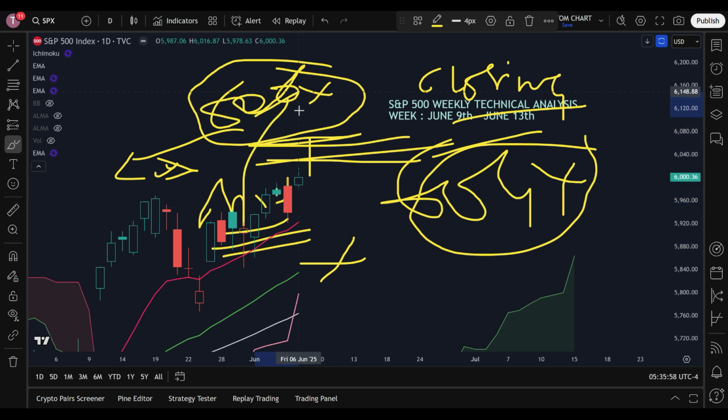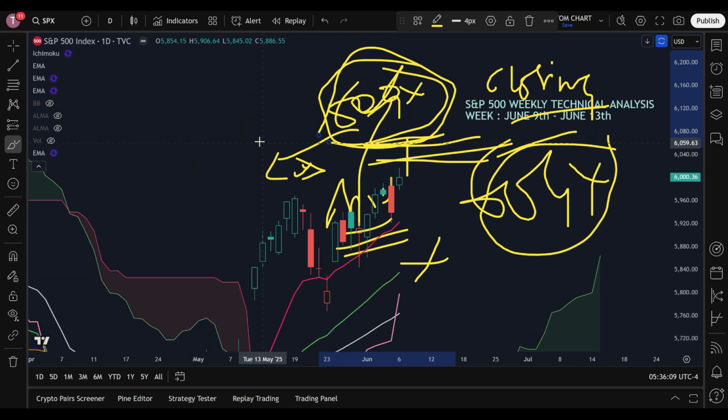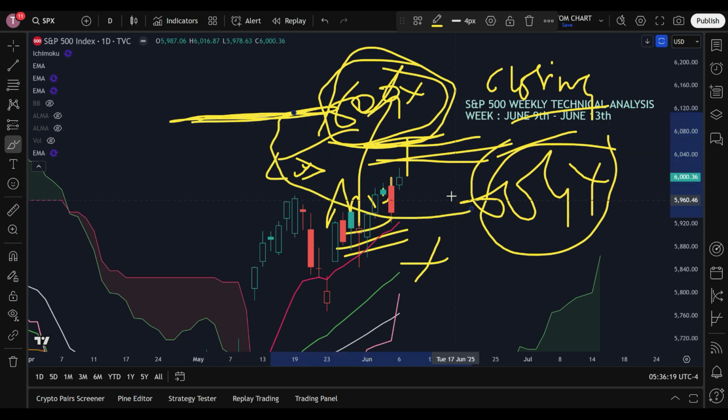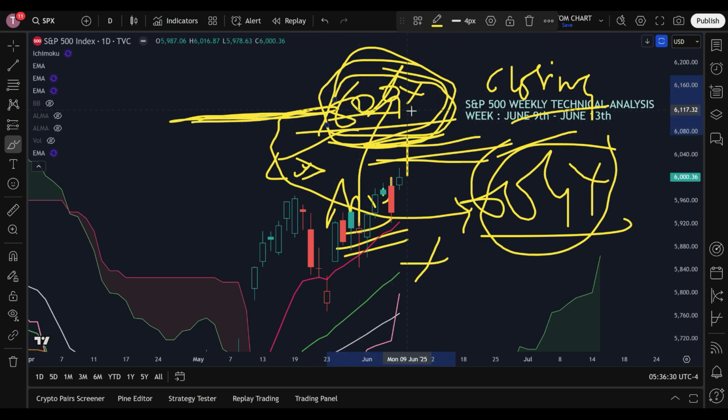In the 606x is my calculated resistance level, and also through the other method I have calculated a potential fall, either in the 606x or in between 606x and 604x. These are the two prices; it is expected to fall somewhere in between them or in the 606x range.